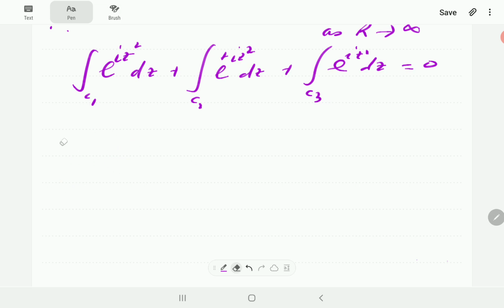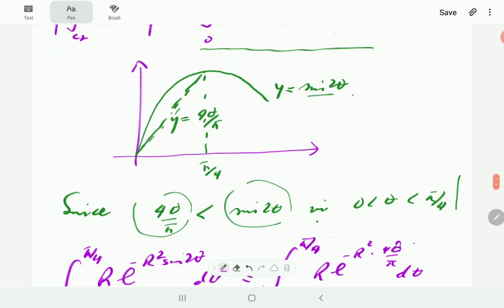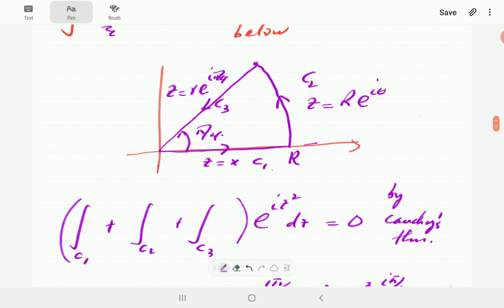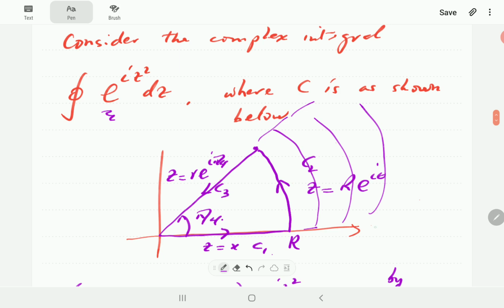So what we're going to do here is take the limit as r goes to infinity. So basically we are deforming this contour and making it bigger and bigger.